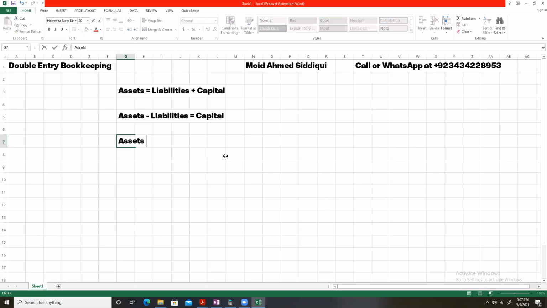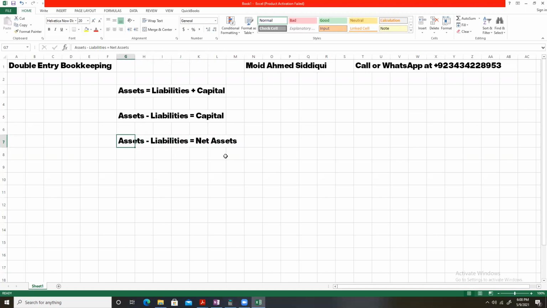So assets minus liabilities, this particular equation, is also called the net assets of the business. When we deduct the total liabilities from the assets, we get net assets.